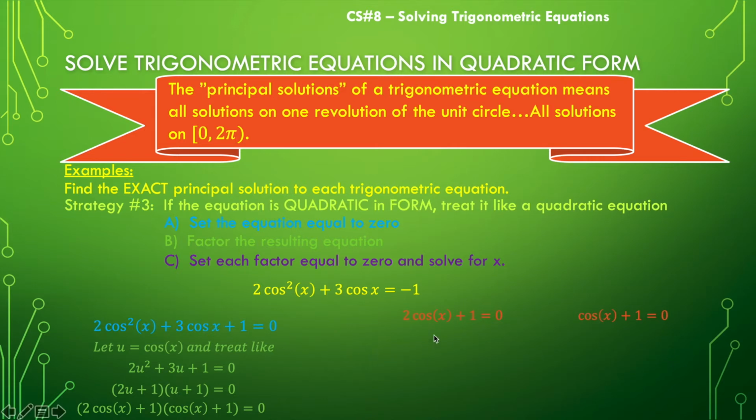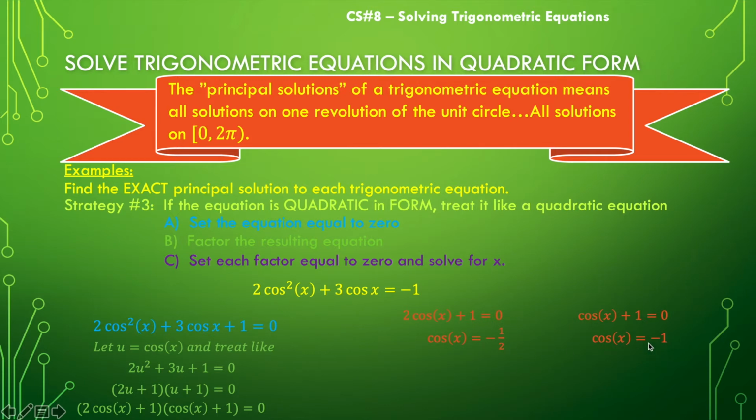So 2 cosine of x plus 1 is equal to 0, and cosine of x plus 1 is equal to 0. Let's isolate the trig function. So the cosine of x is equal to -1/2 here and -1 here. Then pull the angles from the unit circle that have these cosines. Which angles have an x-coordinate of -1/2 and -1?